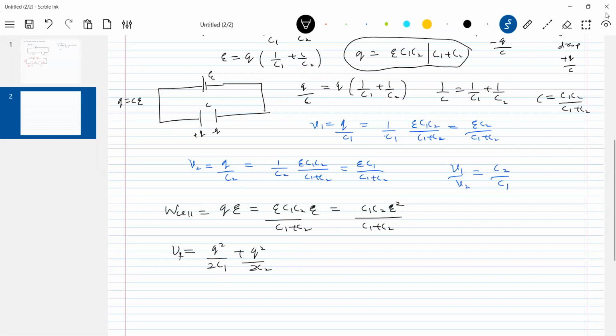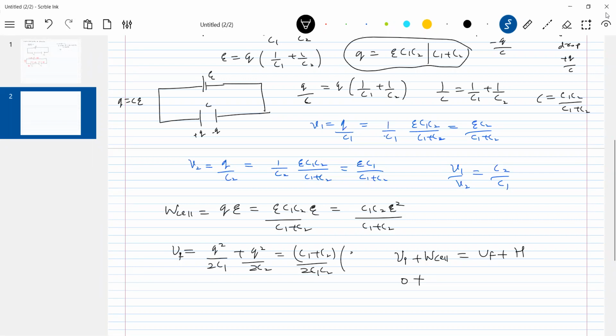Then what about the heat generated? What is the basic formula? Again, UI plus work done by cell equals UF plus heat generated. Initial energy stored in the circuit is 0. Work done by the cell, we know it. So you substitute that here. Then Q square by 2C1 C2, so this will be C1 plus C2 over 2C1 C2. Let me write that value.